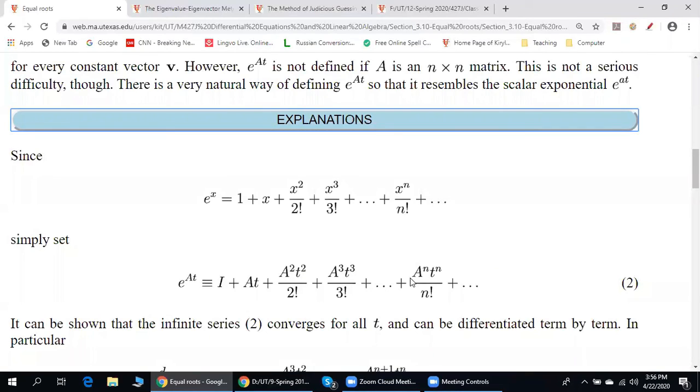The problem here is we have an infinite sum, but this is fixable.